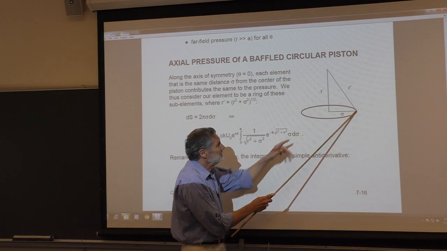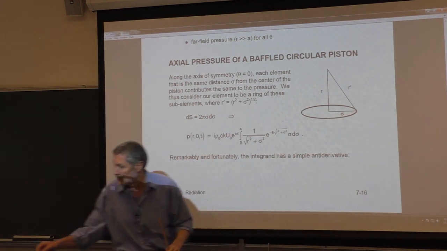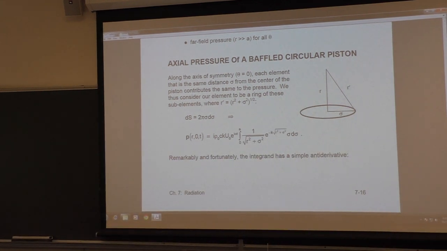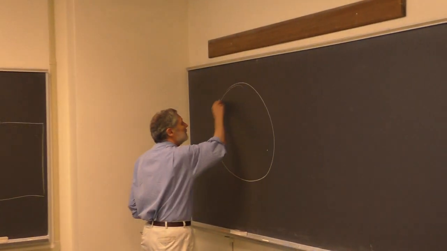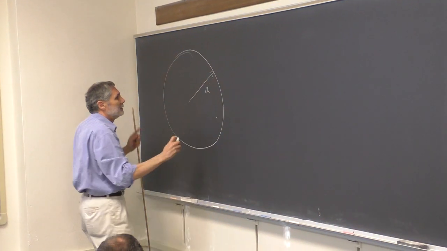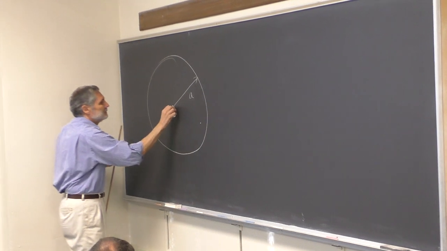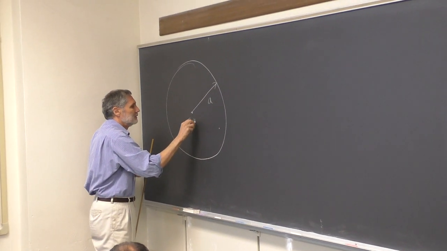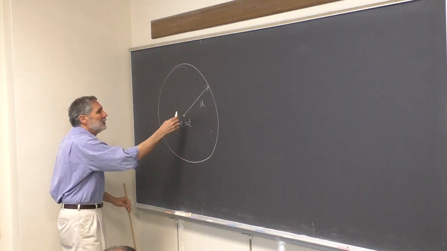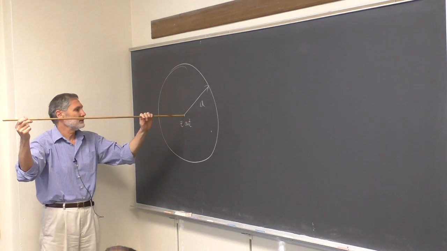But all elements that are the same distance from the center. Well, maybe I need a diagram here. Here's our piston face coming like this, and the z-axis is out here, going like that. We're on the axis here.